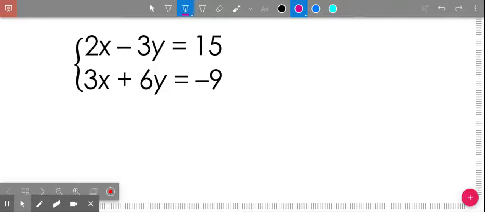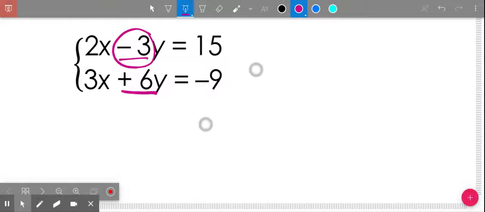Well, these are already opposite signs, which is good. So we want to focus on those because they're a little bit closer to canceling out. Well, what could I multiply this negative 3 by to get to the 6? I could multiply it by 2, and then I'll have negative 6 and 6, which will cancel out.